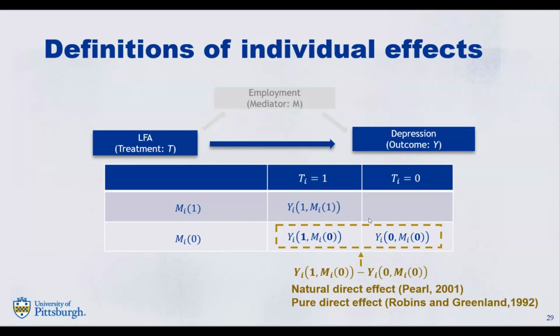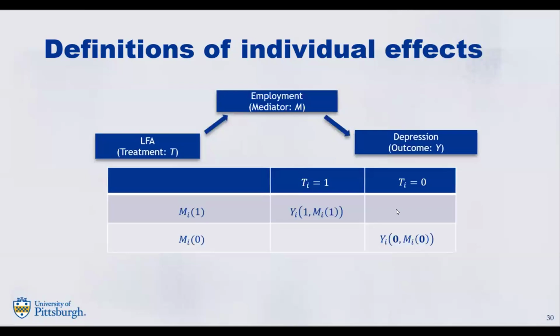And you may notice that so far we have defined the indirect and direct effects using these three potential outcomes, but we have never discussed this potential outcome yet. If we focus on this counterfactual potential outcome, we're going to have another set of definitions of indirect and direct effects.